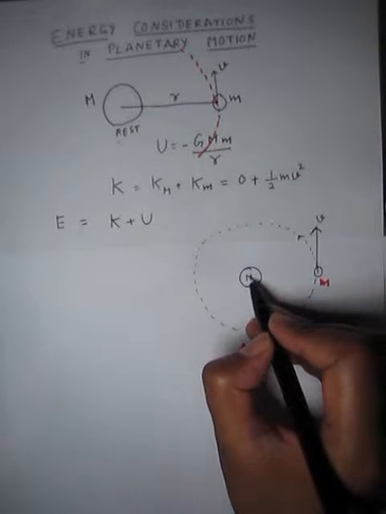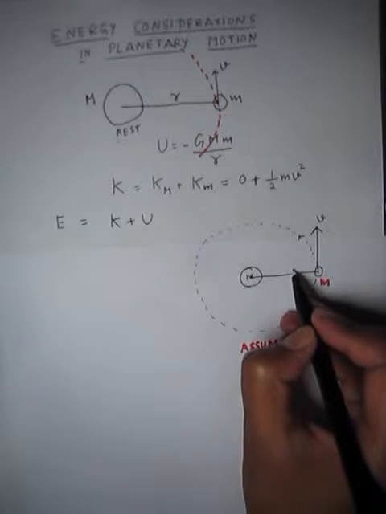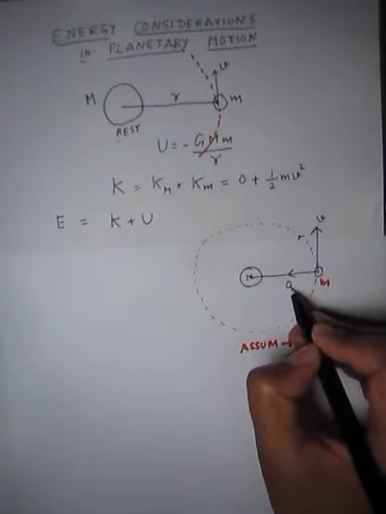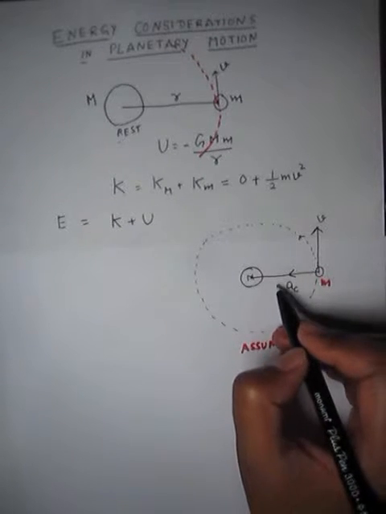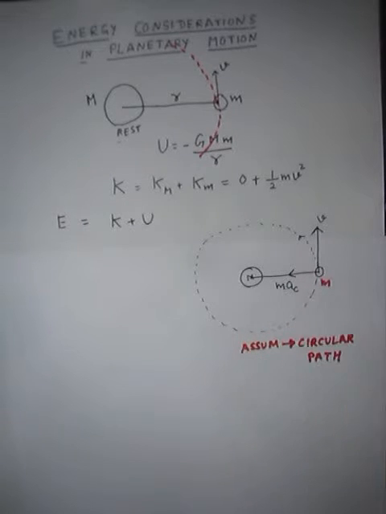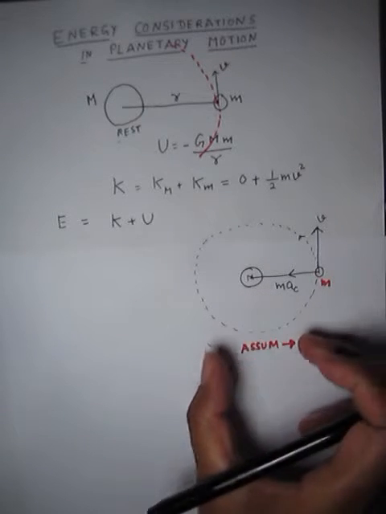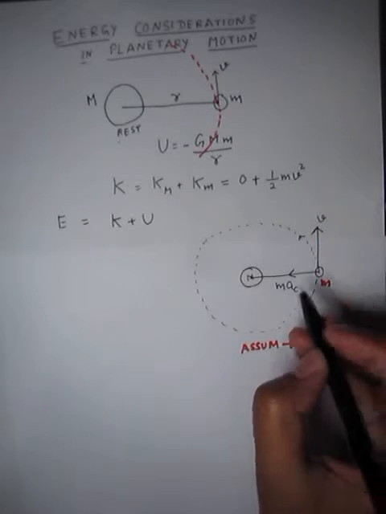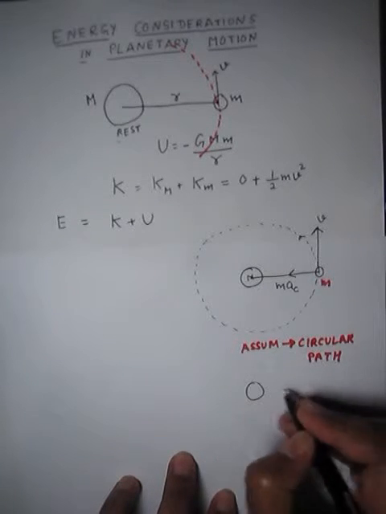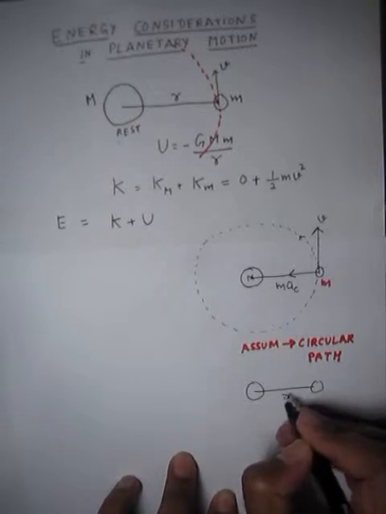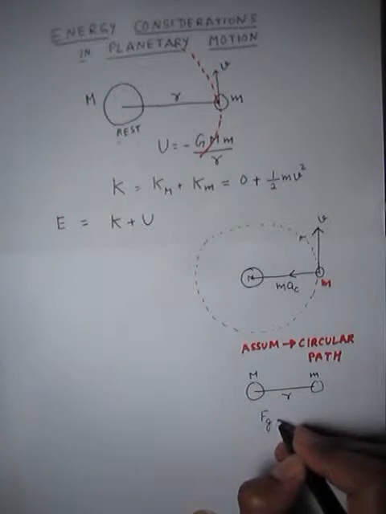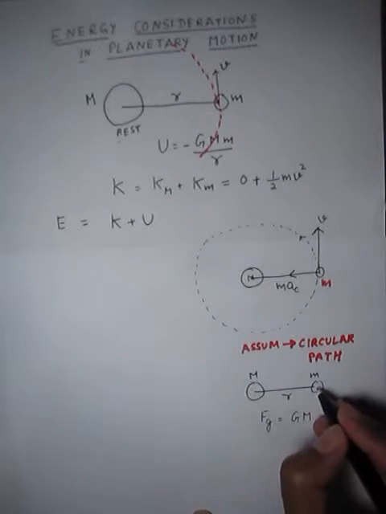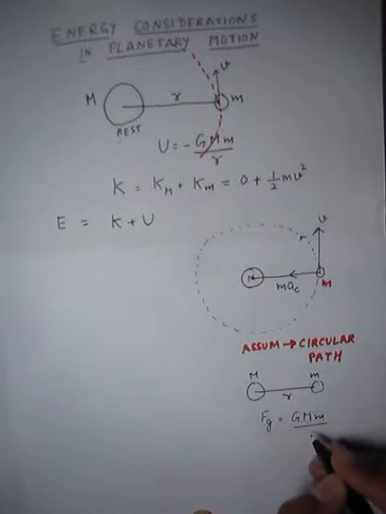Since it is a circular path, we know that there will be some acceleration, which will be centripetal acceleration. If the mass of the object is small m, then there will be a force which will be m a c. Also, because it is a two mass system, and we know that if there are two masses separated by a distance small r, there will be a gravitational force given by capital G, the masses, divided by the distance between them squared.